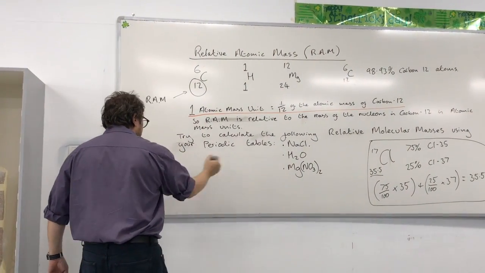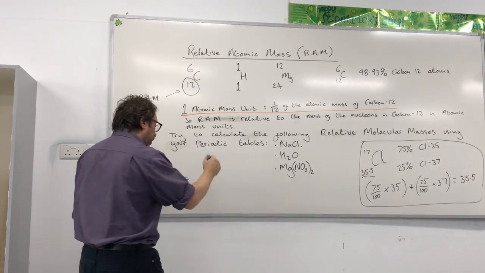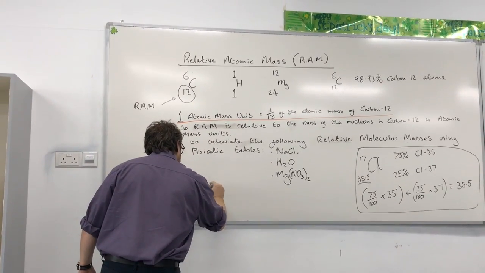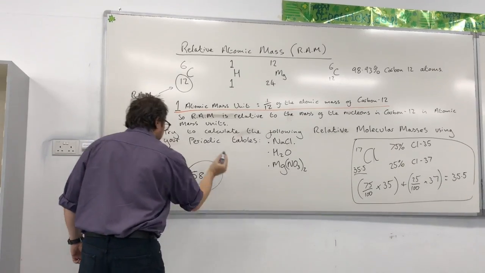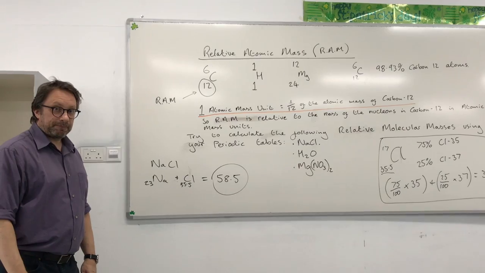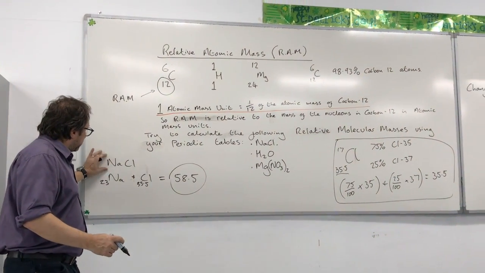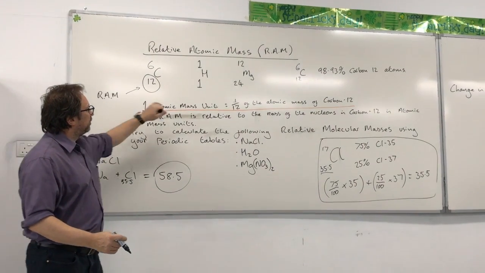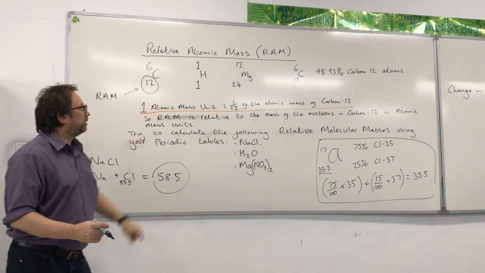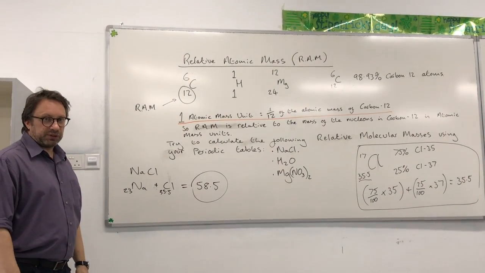So, NaCl will have a relative molecular mass of 58.5. Okay? So, 58.5, this molecule here, 58.5 times bigger, heavier than a hydrogen.